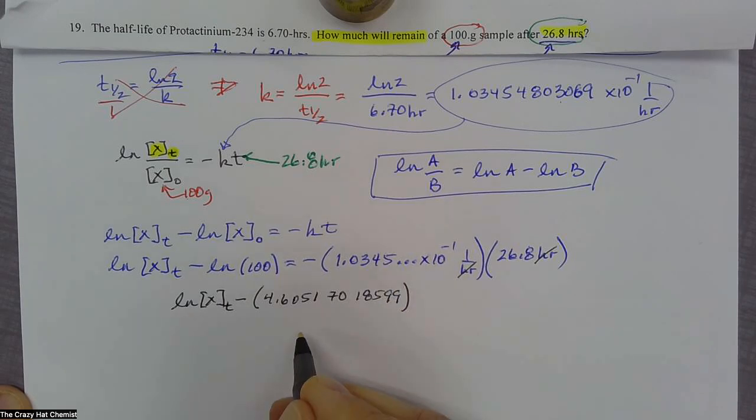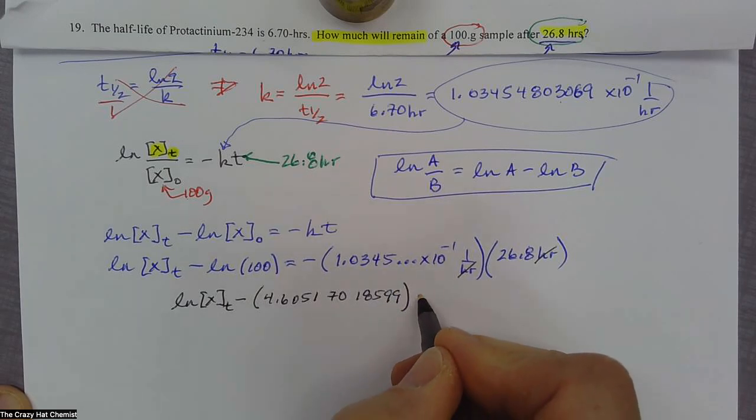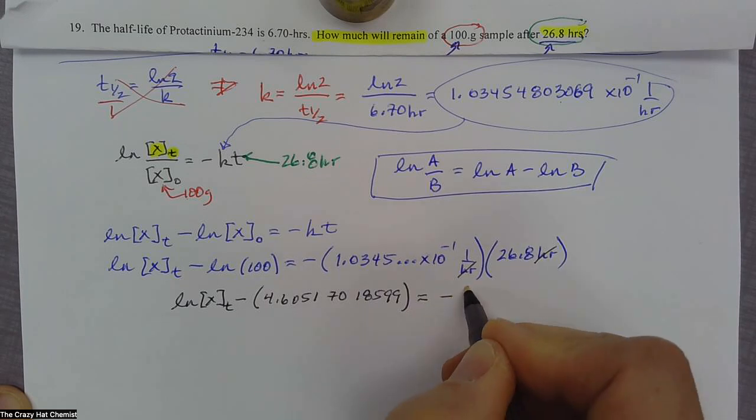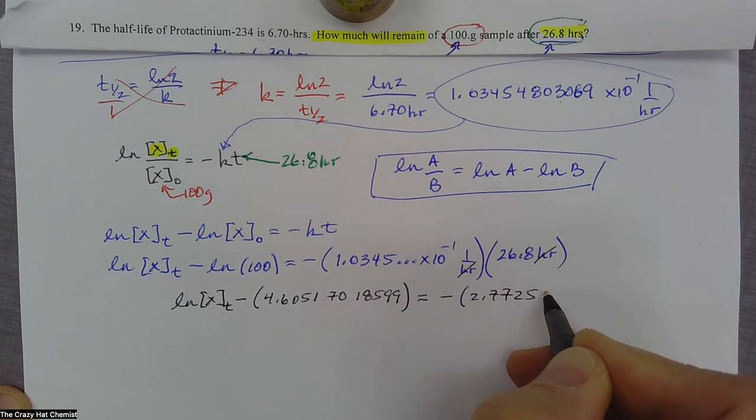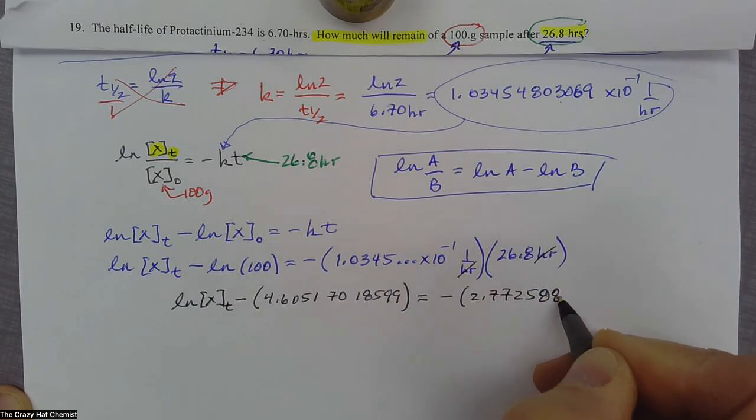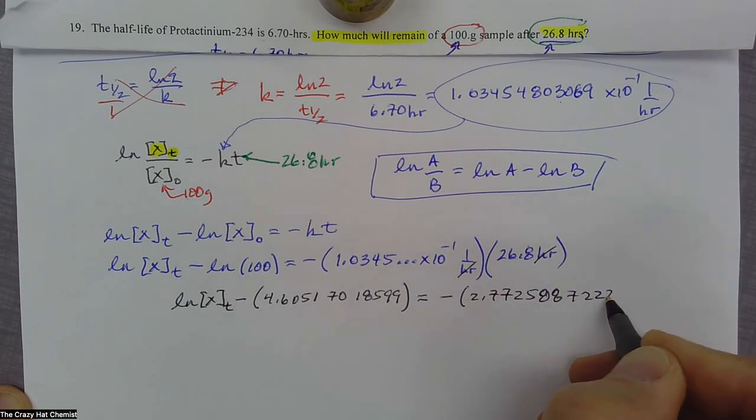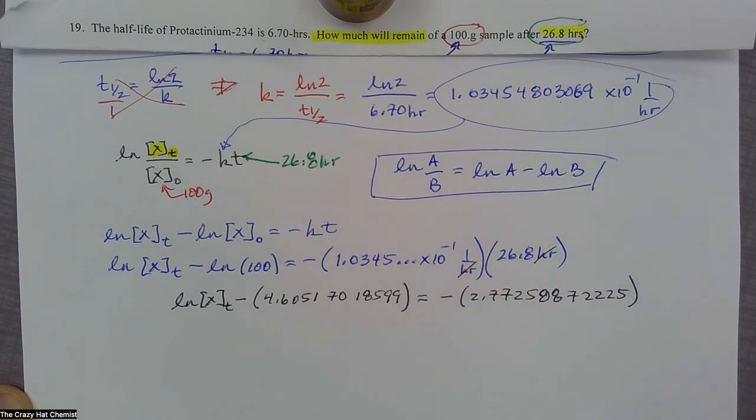That's actually the natural log of 100. Is equal to negative 2.772588722225. Okay, you could actually keep all these numbers in your calculator. Don't really have to write them down. That shouldn't be a problem.